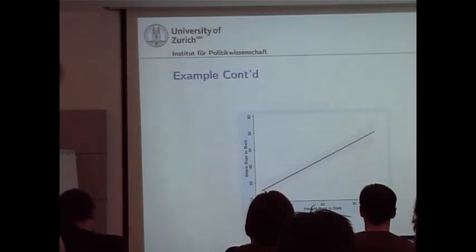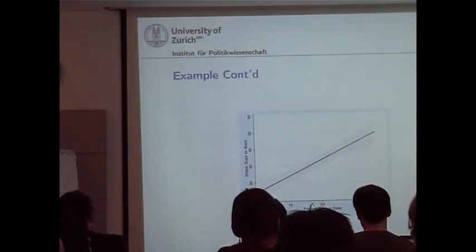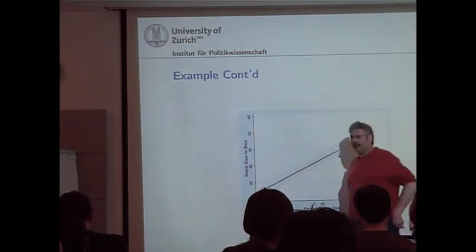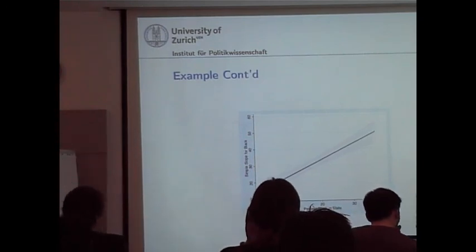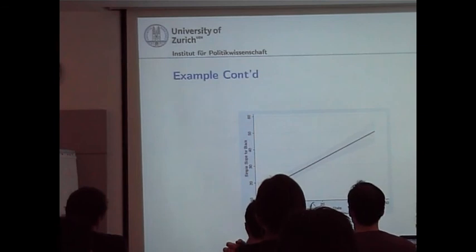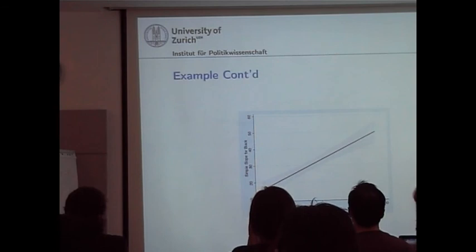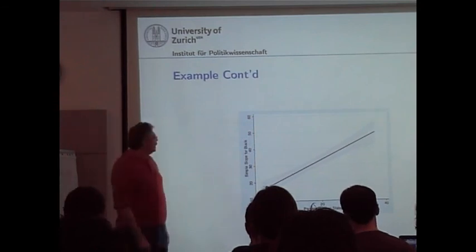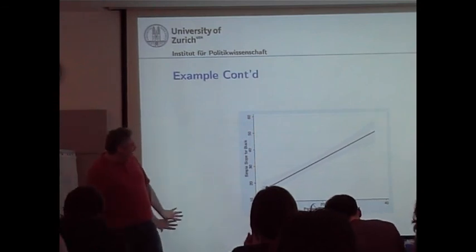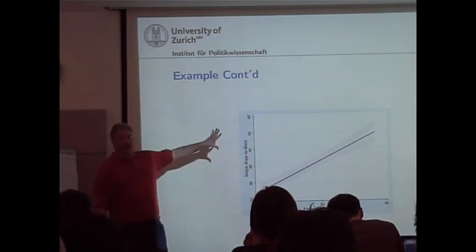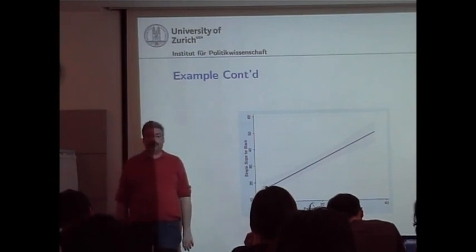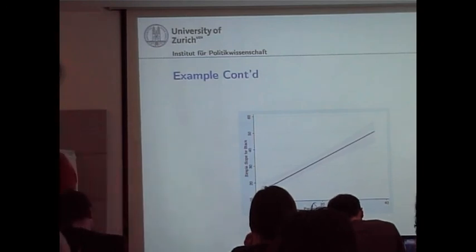I think in general it's good to have pictures like this when you present your results, because they say a lot about what's going on in the model. And it's immediately clear, especially if you perhaps use labels and titles on the axes that are a little bit more self-explanatory, that as the percentage of black in the state increases, the gap between blacks and whites increases as well in terms of evaluations of Barack Obama.